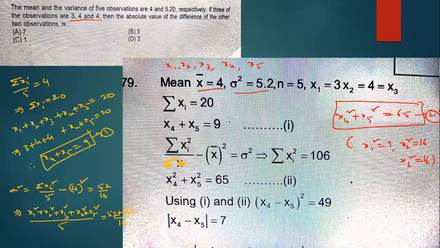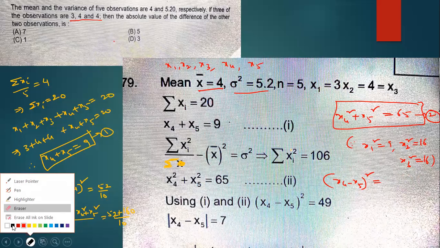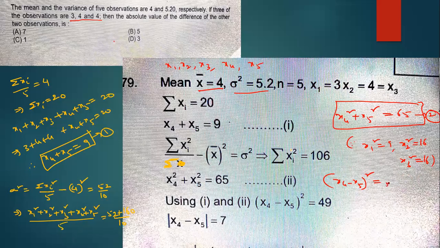From 1 and 2, what are you getting? What is the formula? a plus b whole square, minus... x4 minus x5. a square plus b square here, minus 4ab, is there any use?